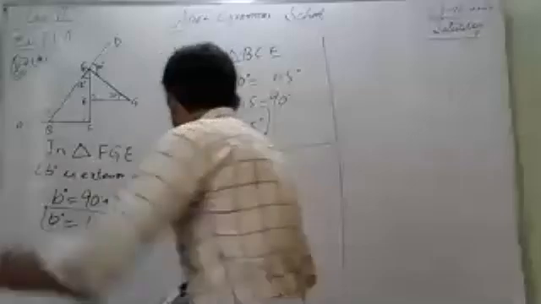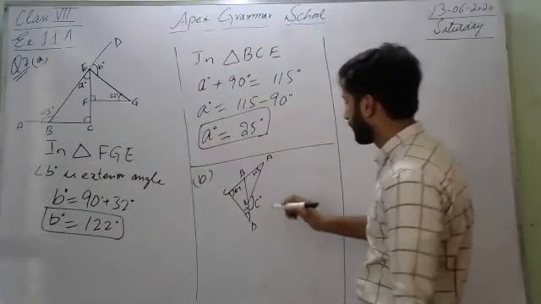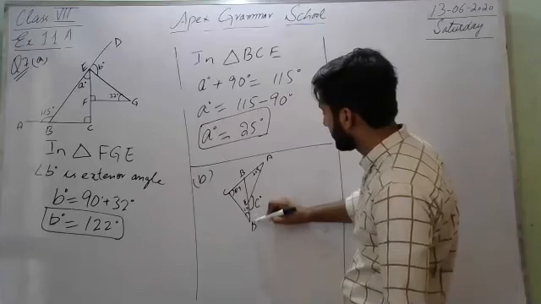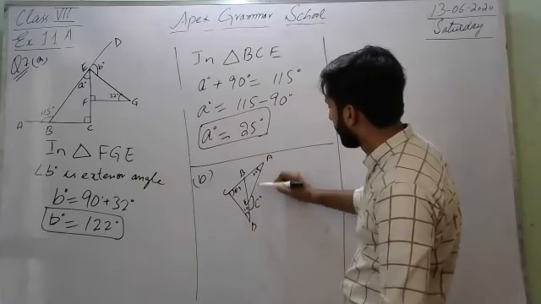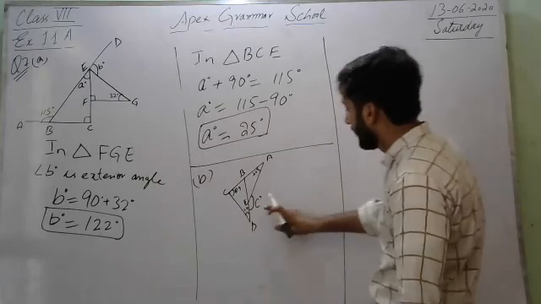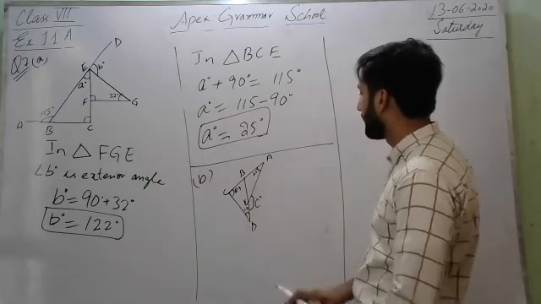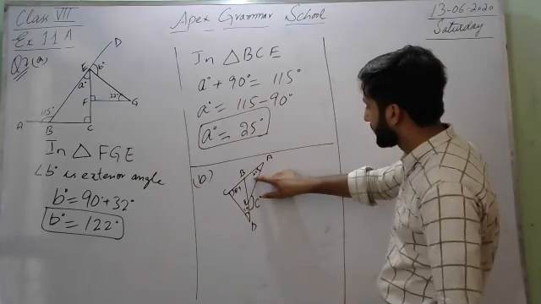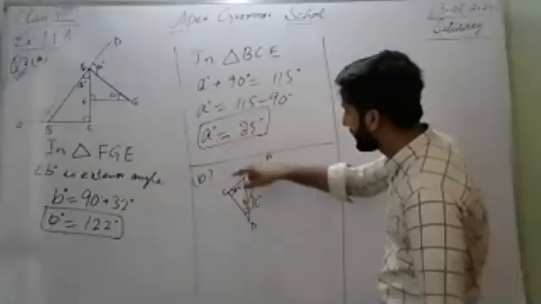Now students, C is the common exterior angle of both triangles. Inner one is DCB and outer one is ABE. So we can say that the exterior angle equals the sum of interior opposite angles. Now according to this point, one is this opposite and the other one is the combination of this one.